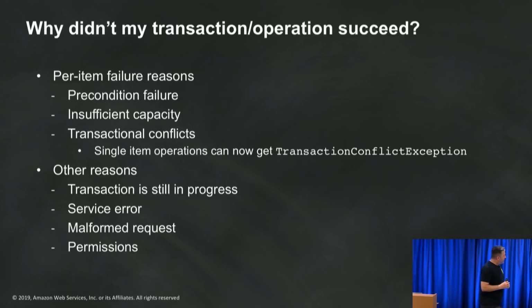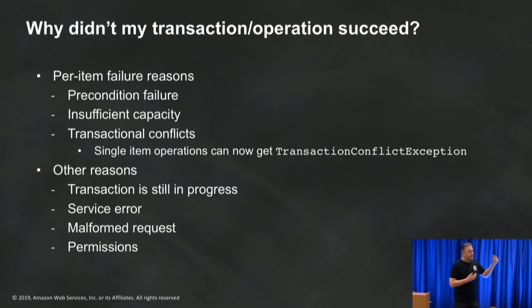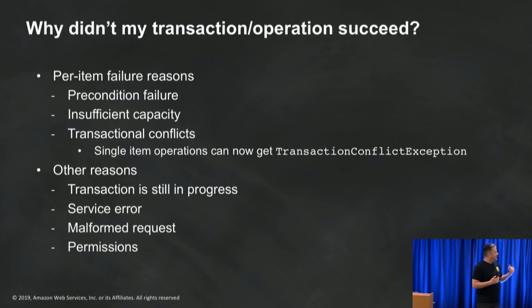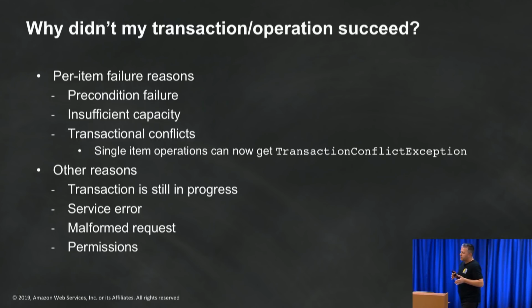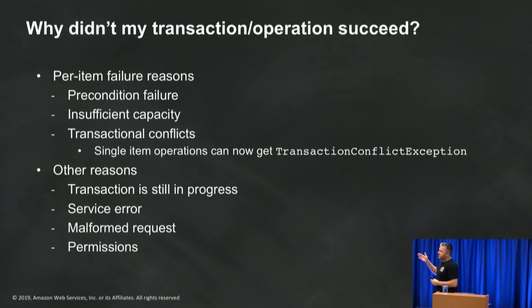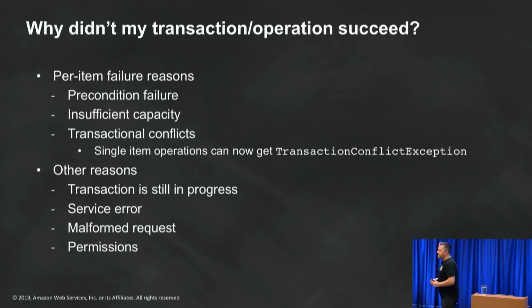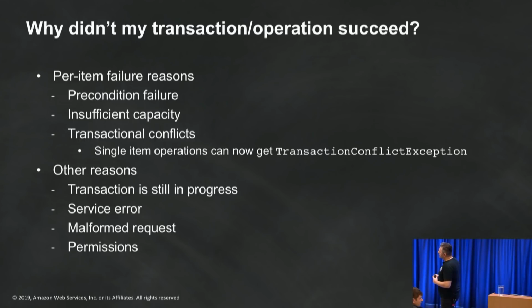And in fact, in that context, single item operations now also have a new exception, transaction conflict exception, right? So if you're adding transactions to your existing application, there is a new exception that you might basically get with your existing single operations, and that's a transaction conflict exception.